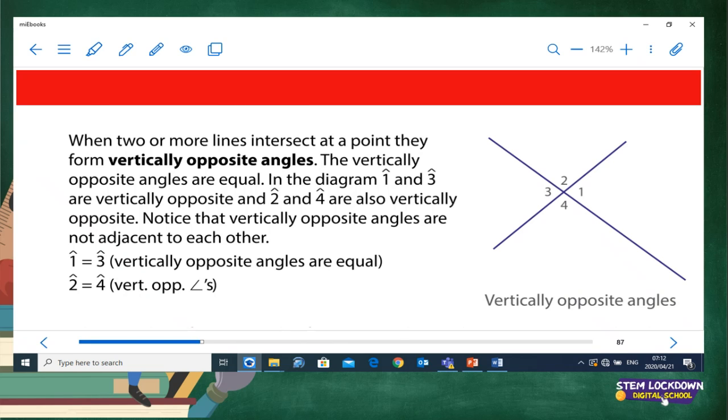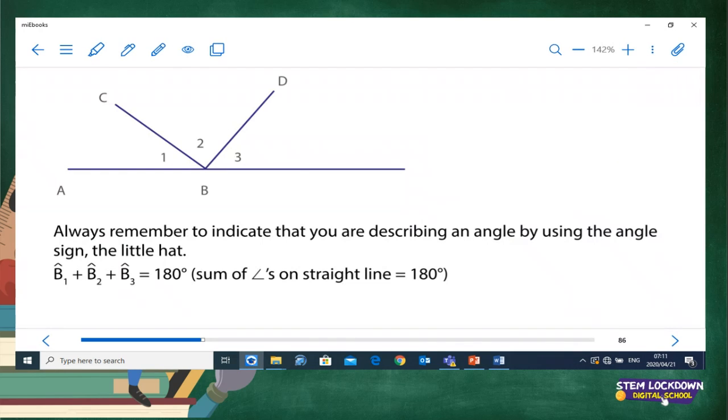We have spoken now about the lines which form angles on a straight line. We have also indicated that when you add angles on a straight line, you get 180 degrees.